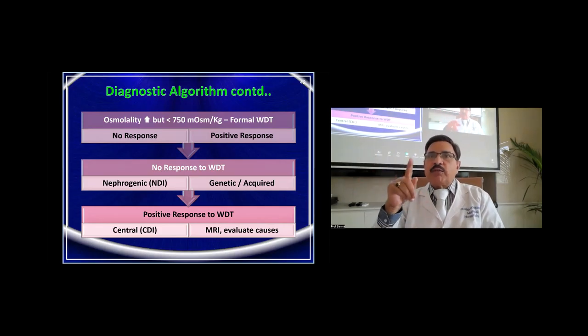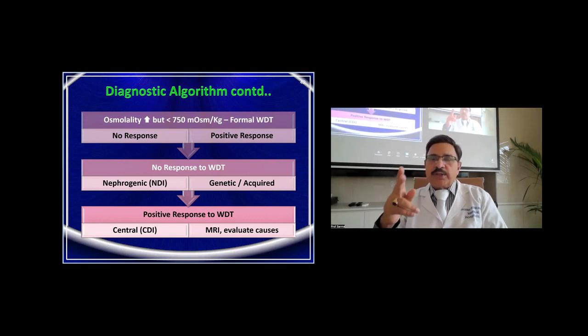This 24-hour fluid restriction is a dangerous maneuver, and we may not have food, but water 24 hours, not even a drop of liquid, is dangerous. So patient has to be observed every hourly. The sensorium and the sodium levels, electrolyte function has to be observed. Admit the patient and do a formal water deprivation test. This has got two components.